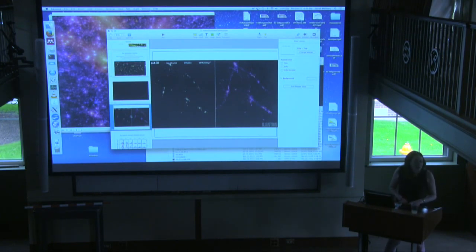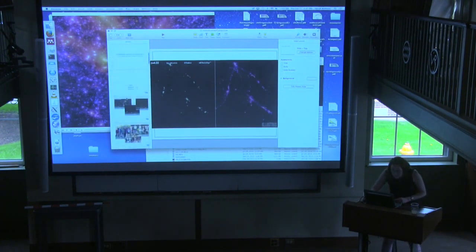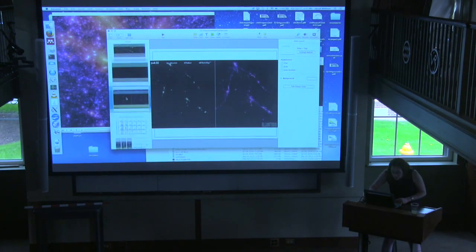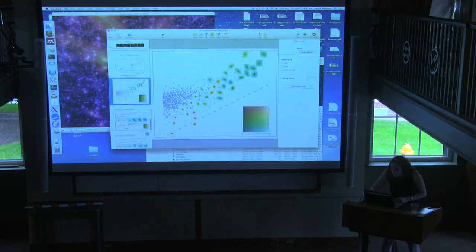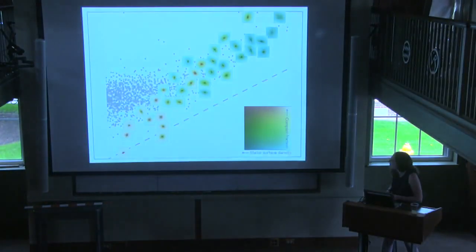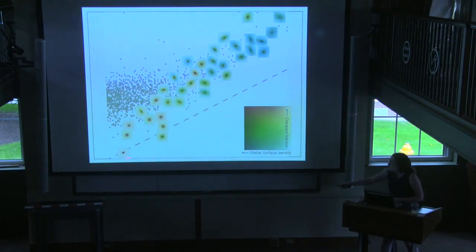Yeah, so would you, for example, consider tidal stripping as a mechanism? Would your simulations resolve that mechanism, or is the resolution an issue? So there is one, for example, let's see, where is it? So this one, right at the bottom here, that's actually an example of that.